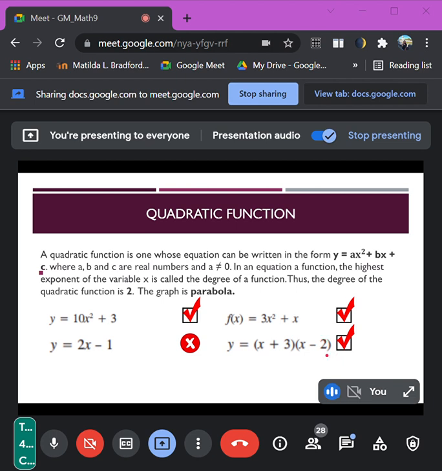So, you have there x squared plus x minus 6. This is transforming the equation into a quadratic equation. They are factors. Okay, how about this one, class?